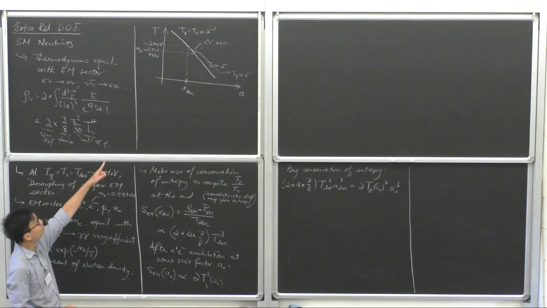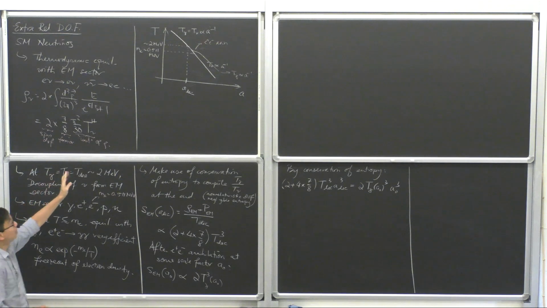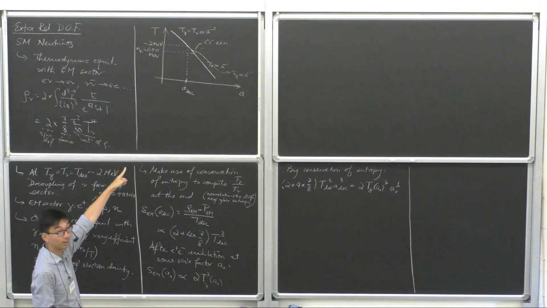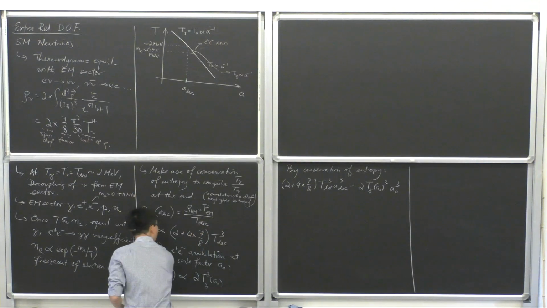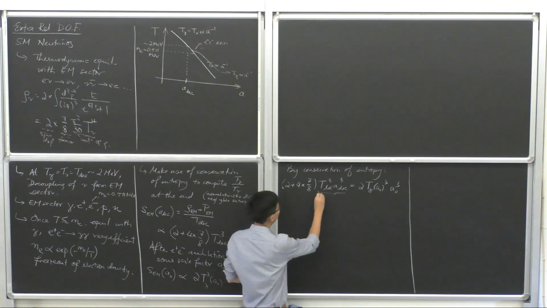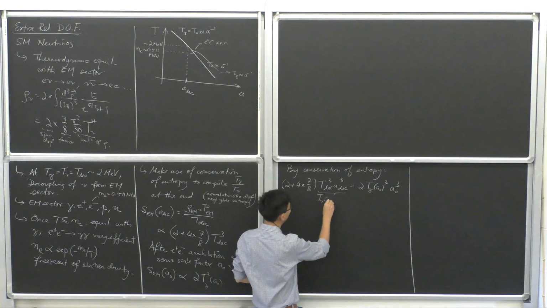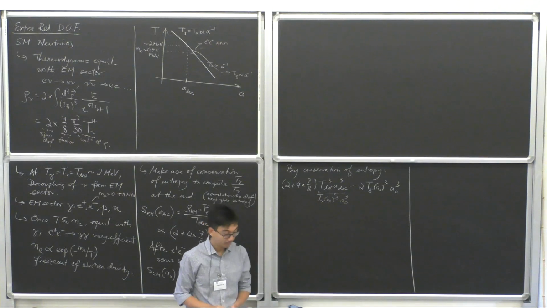But we also know that the neutrino temperature also scales as a inverse after decoupling. And so actually I can just replace this here with T neutrino at a naught cubed, a naught cubed.